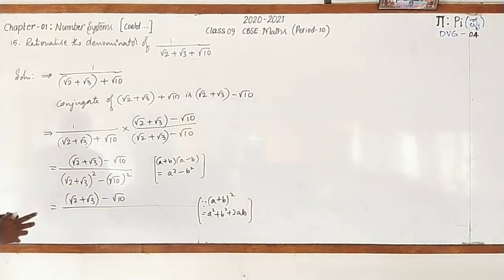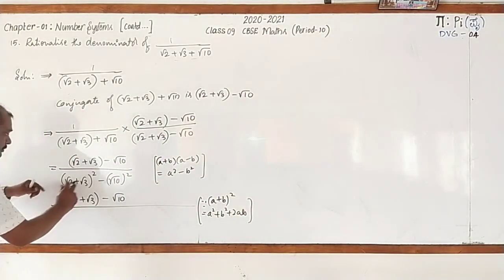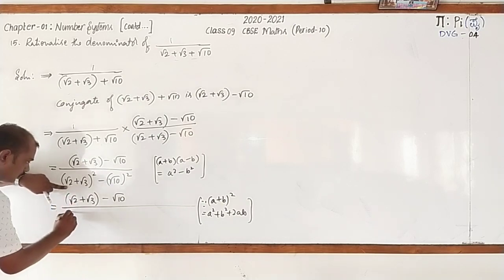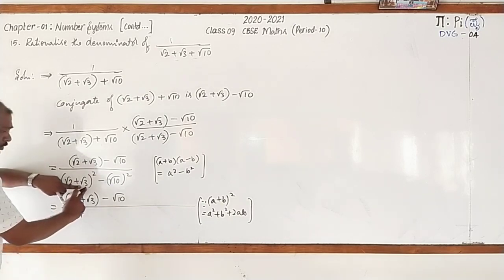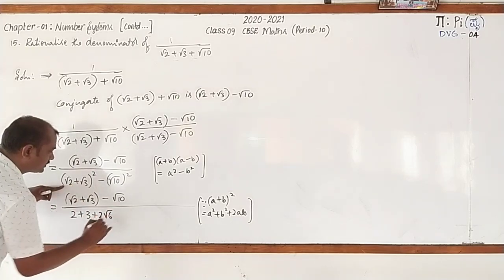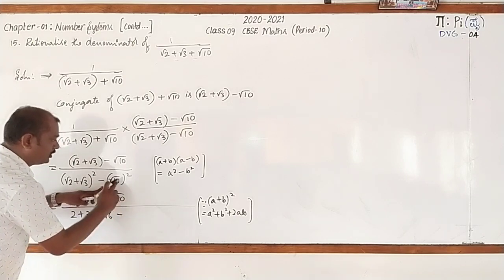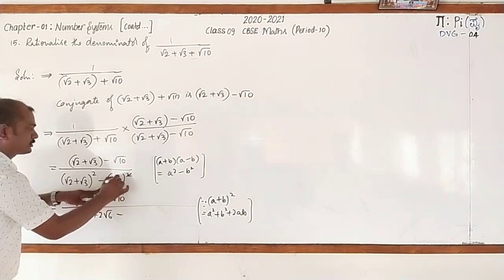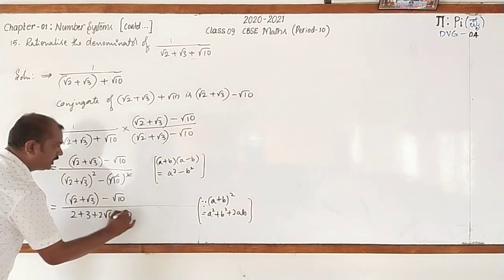Got it? Now I am going to expand it directly. A square, root 2 whole square, 2. b square, root 3 whole square, 3. Plus 2ab, 2 into root 3, 2 root 6. Minus root 10 whole square is there, square and root get cancelled, 10.